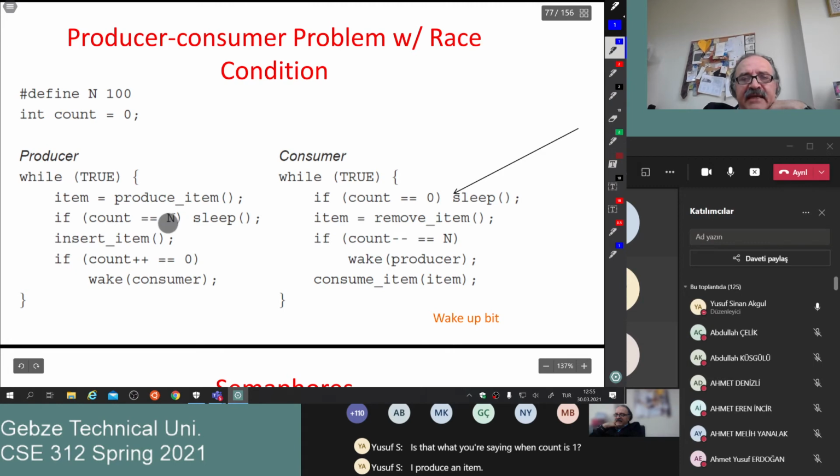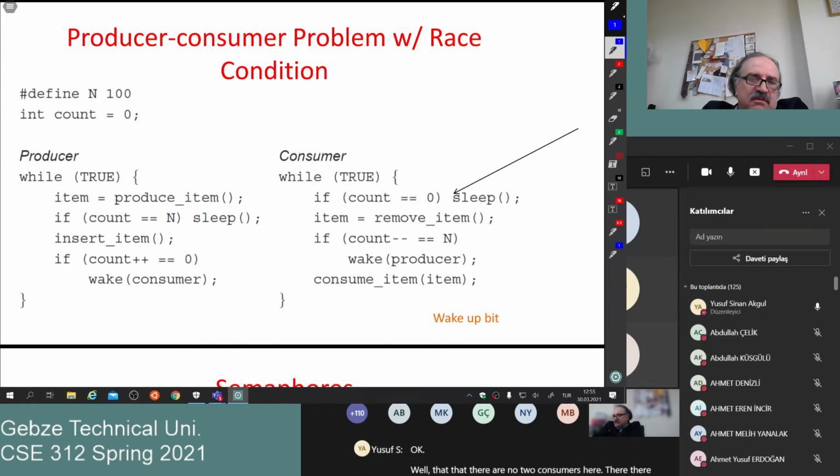When count is 1, since count is 1, I don't sleep. I remove the item, but before removing the item, I get interrupted. Well, there are no two consumers here. There is only one producer and one consumer.